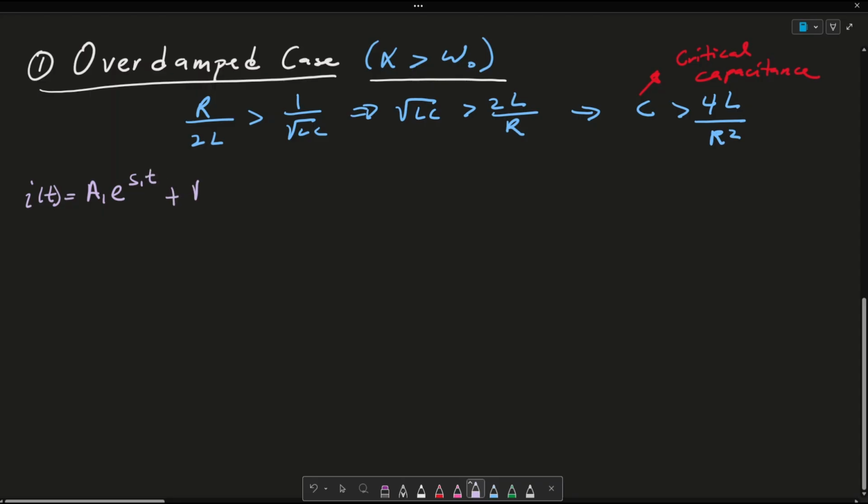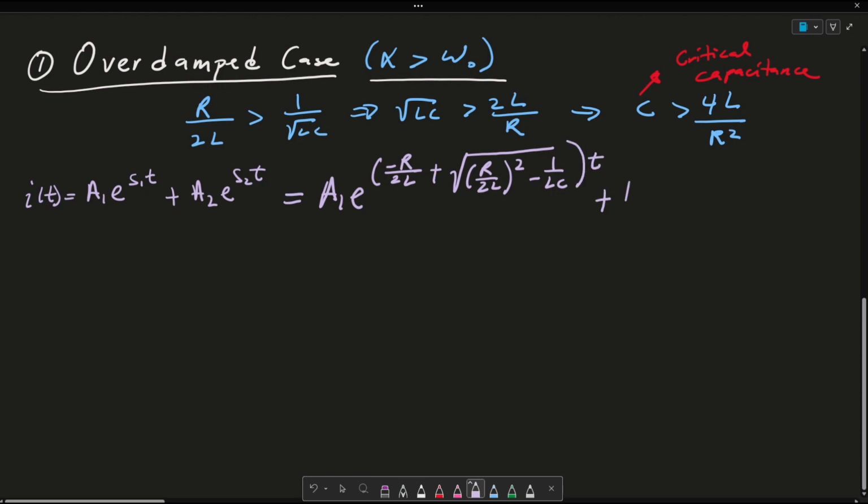To begin solving for I of t, we say that I of t is equated to this A1 e to the S1 t plus A2 e to the S2 t. If we go ahead and plug in our parameters for S1 and S2, which we discussed in our previous video, we're going to get that this is going to be A1 e to the minus R over 2L plus square root of R over 2L squared minus 1 over LC times t plus A2 e to the minus R over 2L minus the square root of R over 2L squared minus 1 over LC times t.